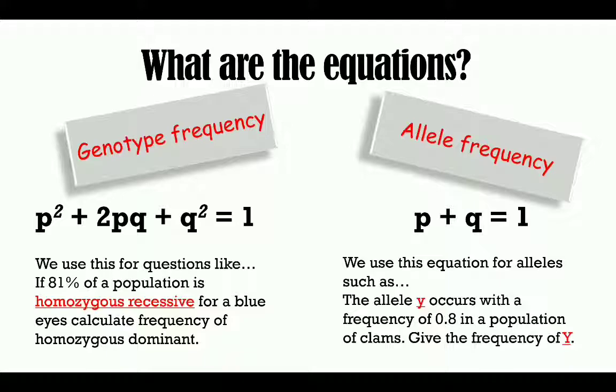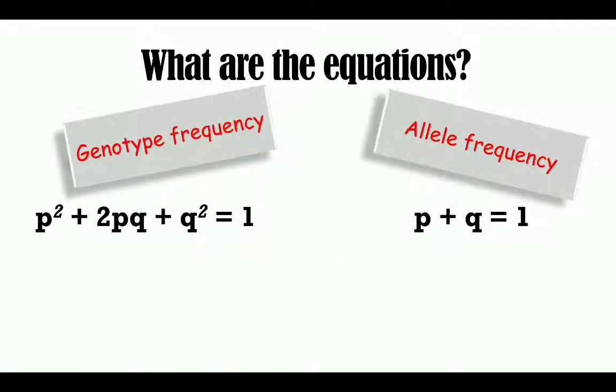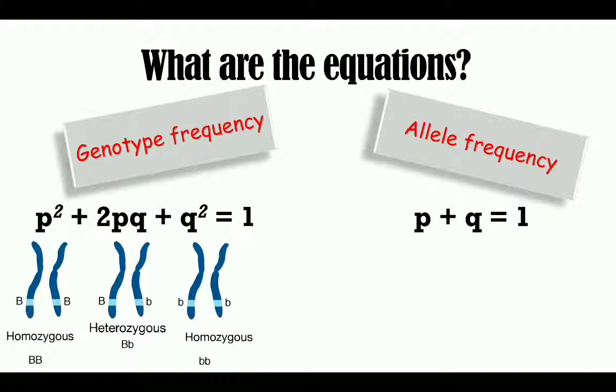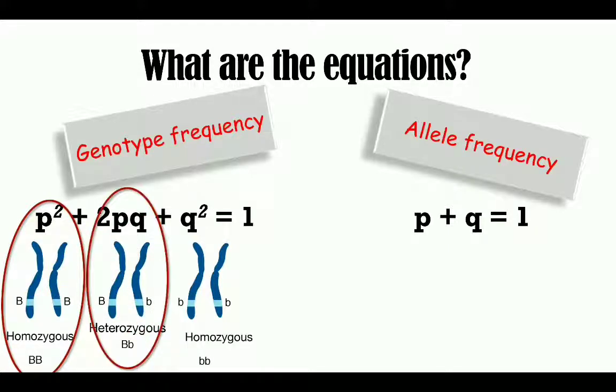So, just to give a better view of what these actually mean, we can try and picture it. In terms of genotype frequency, we also need to know what each part constitutes. So our p squared is our homozygous dominant, our 2pq is our heterozygous, and our q squared is our homozygous recessive.